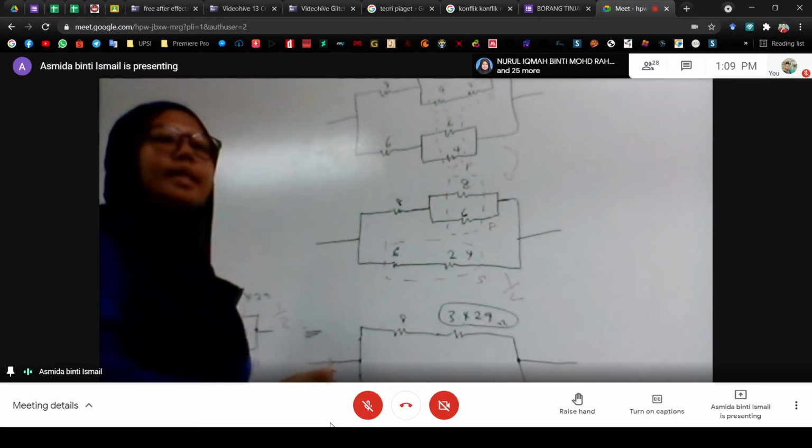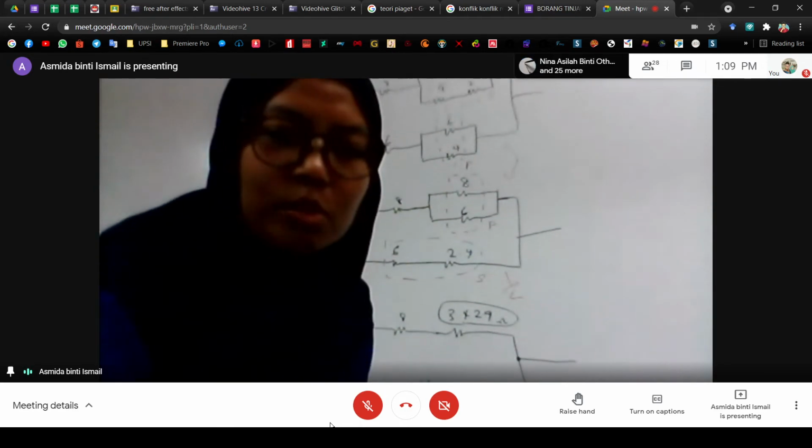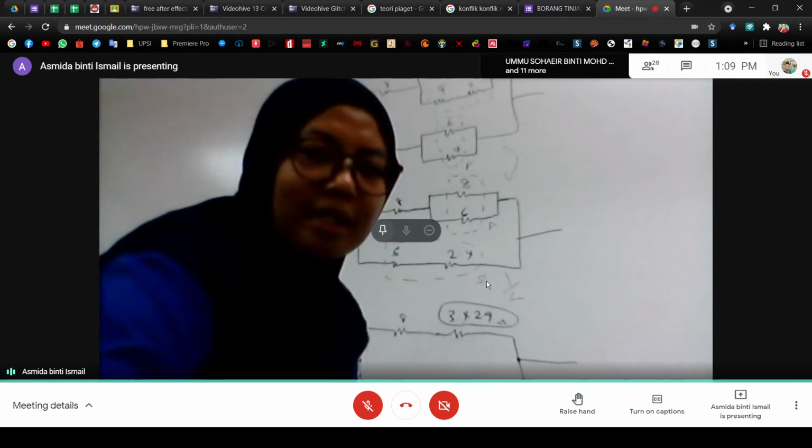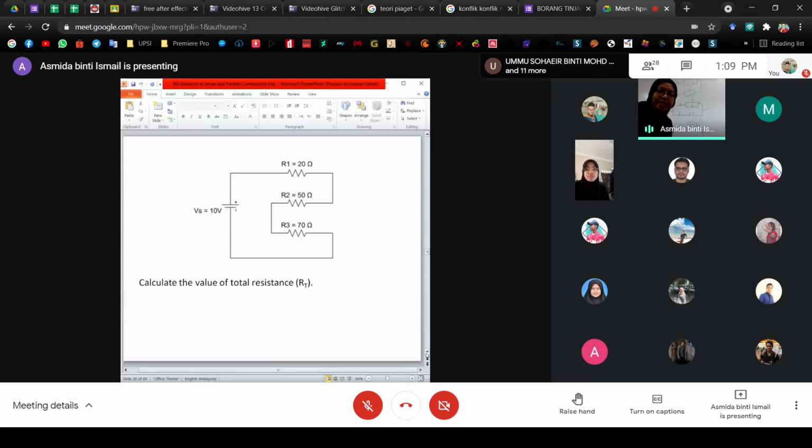Okay, this is all the exercise. Let's do it. For the first one, this is series circuit. Okay, this is series circuit, but dia saja je nak memeningkan awak.